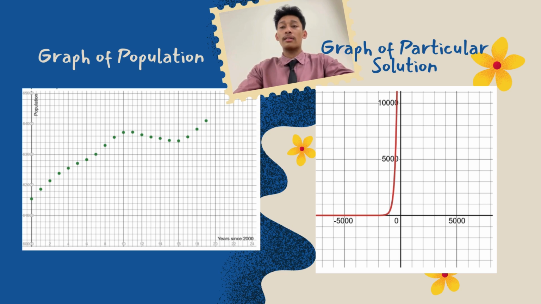The graph on the right, however, looks very different. It shows a sharp and sudden increase in values, which doesn't resemble real population trends. This graph most likely represents a mathematical function rather than actual population data. In summary, the left graph represents realistic population changes over time, while the right graph shows a theoretical and mathematical model.